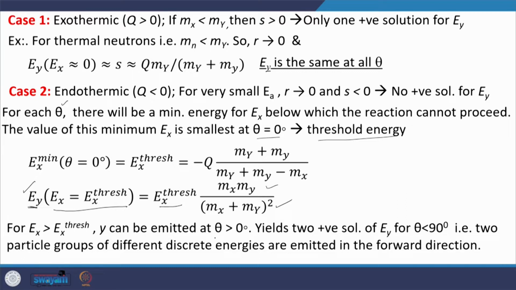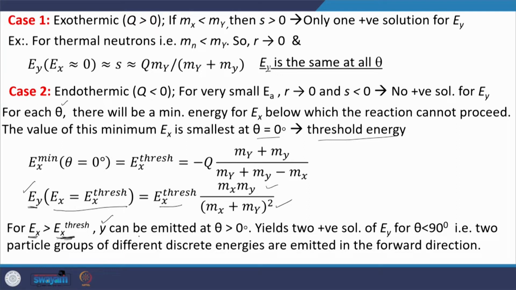Now, if we increase the projectile energy beyond the threshold energy of the projectile beam, then the ejectile, the product particle, can be emitted at theta equal to 0 and also at theta greater than 0 degrees. I am not using the word product nucleus, I am confining to the measurement of product particles. It could be protons, sometimes alpha, neutrons, or gamma rays.